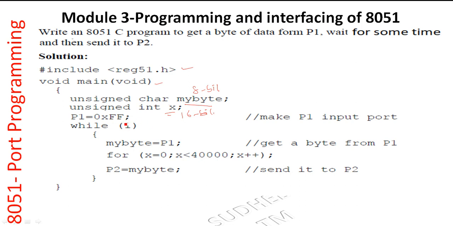P1 = 0xFF. What does it mean? P1 is defined in reg51.h as port 1. So we are setting port 1 to 0xFF. What is FF? FF means 1111, and the second F means 1111.